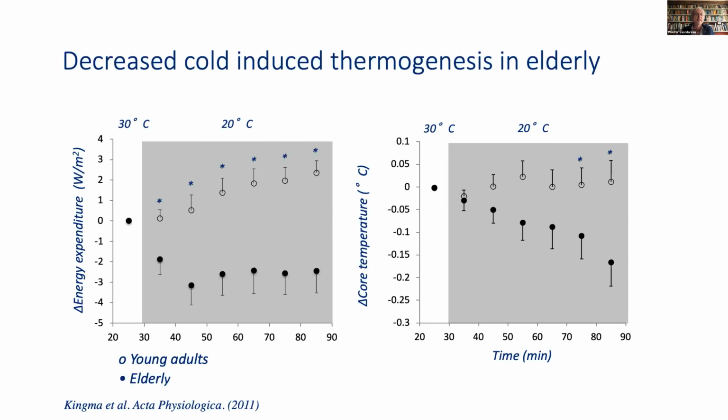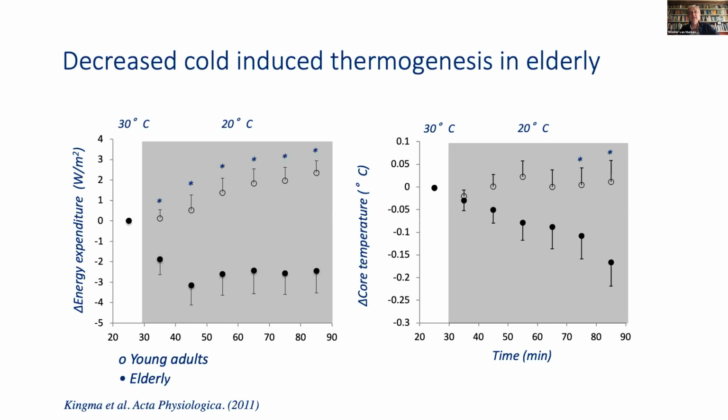But if you look at the elderly, you see there's even a decrease in energy expenditure, probably because they cool down and maybe a Q10 effect. And you see this has also its effect on the body core temperature, as you see on the right side. So yes, there is an individual variation in non-shivering thermogenesis, and there are also group differences.